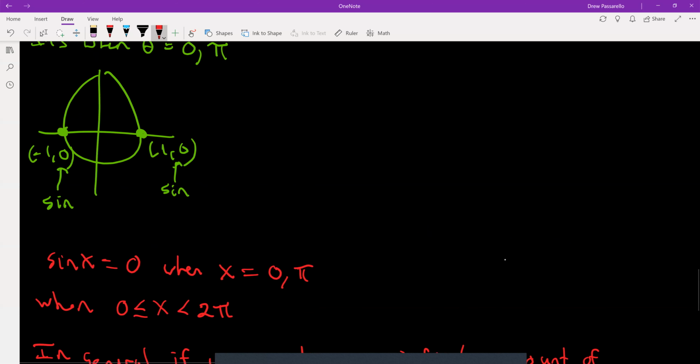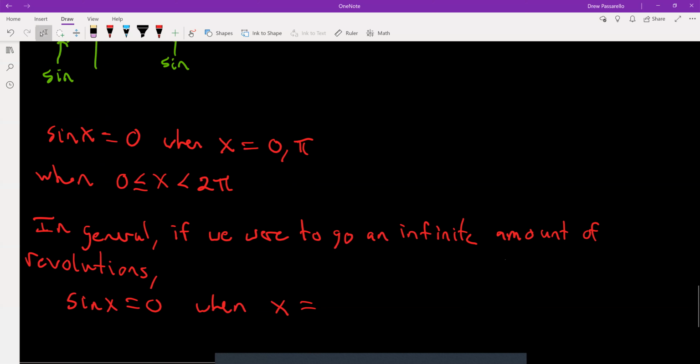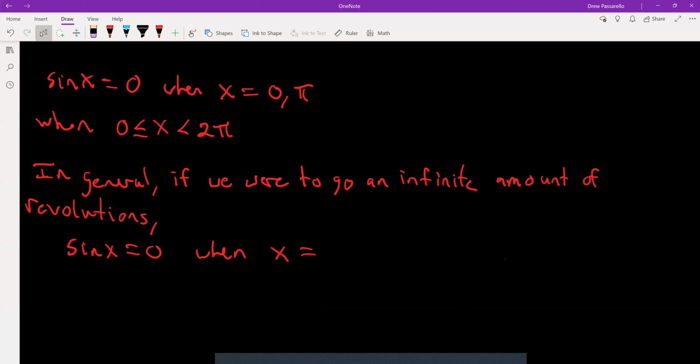If I go one revolution, that's got 0 and pi. If I go 2 revolutions, that's going to give me 2 pi and 3 pi.